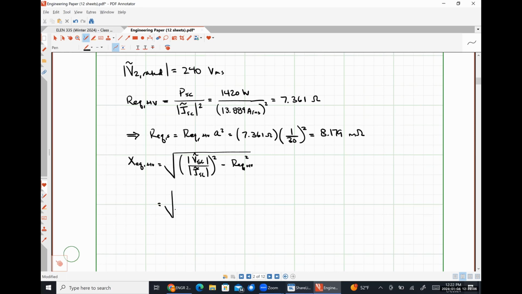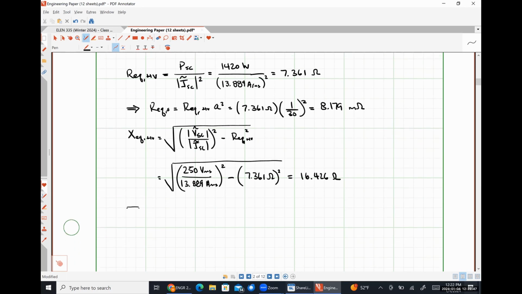So that's going to look like 250 volts RMS divided by 13.889 amps RMS, that quantity squared, minus 7.361 ohms quantity squared. We take the square root of that whole thing. And this comes out to be 16.426 ohms.